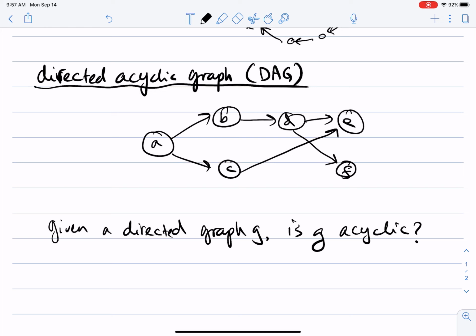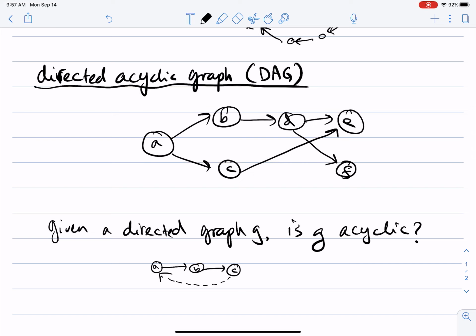Remember that when DFS is working, it visits from A to B, B to C, and as it's exploring an edge, it might sometimes find what we call a back edge. It turns out that if the graph has a cycle, then DFS will find a back edge. And if DFS finds a back edge, the graph has a cycle. In other words, the graph is cyclic if and only if the graph has at least one back edge.